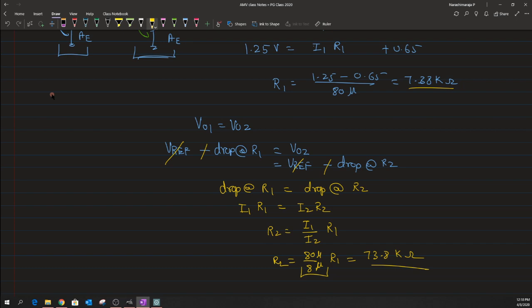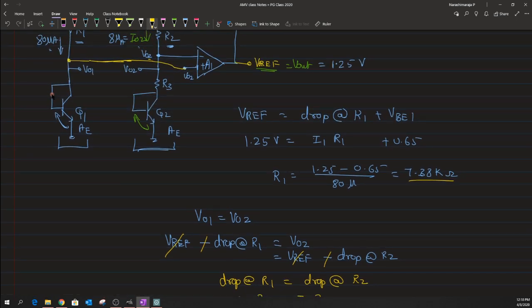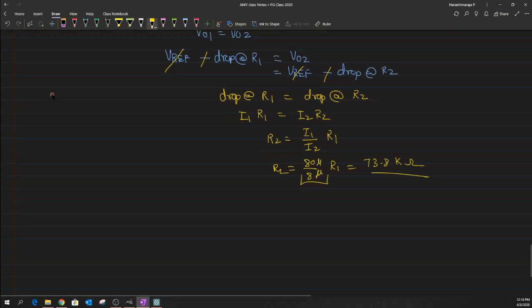Now having done with this, let us try to evaluate the value of R3. The value of R3 is evaluated just by observing that the drop across this resistor R3 basically mimics a PTAT circuit, and this PTAT circuit has the following requirement, right?